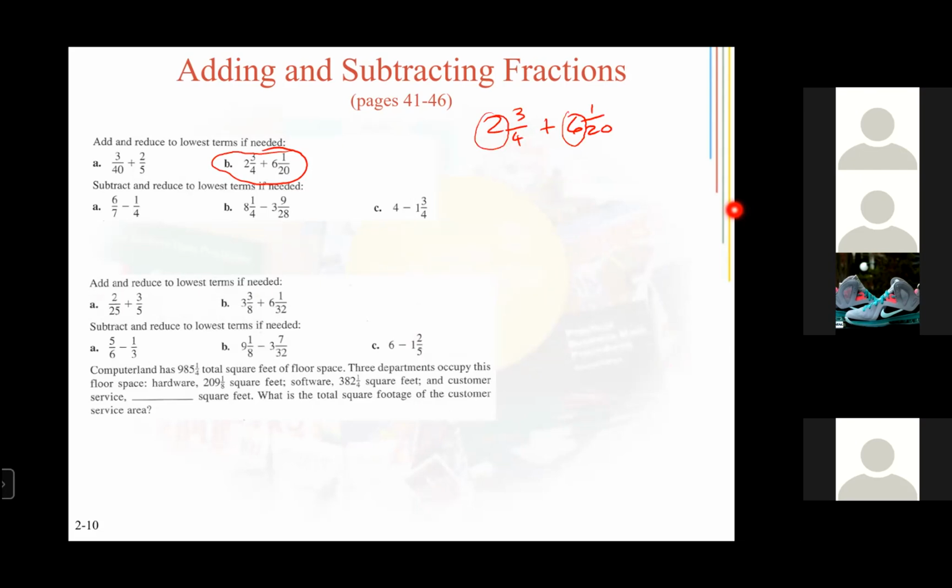You would get 8, and then you would have the 3 over 4 plus the 1 over 20. I mean, you can do 2 4s, 8, that's 11 over 4, 6, that's 121 over 20. You could do that, but you have more involved working. So if you do the whole numbers first, that would simplify your working.